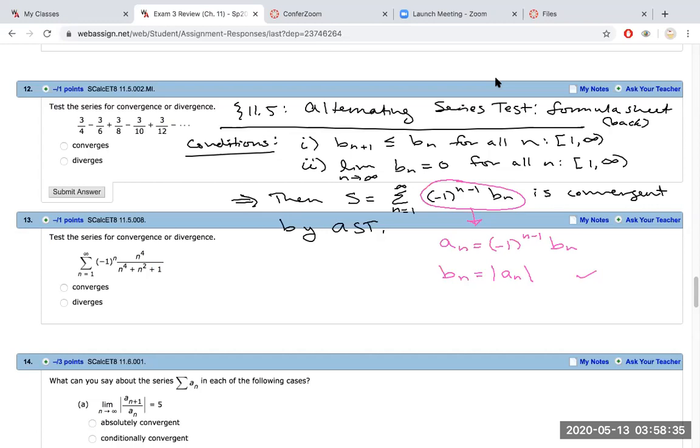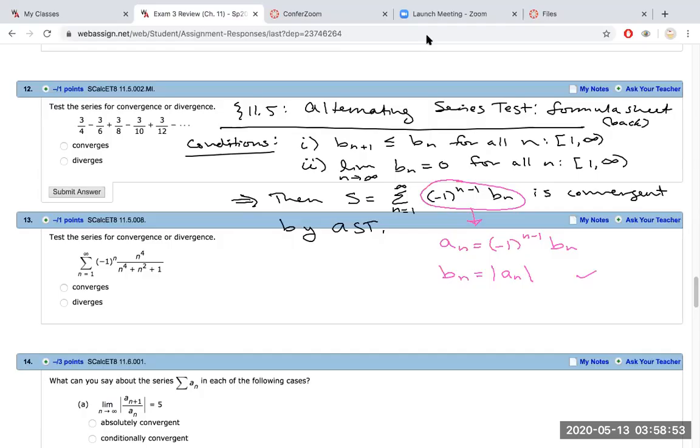So let me hop over to the whiteboard again so I have some space. Okay, so we had: test the series for convergence or divergence, number 12.